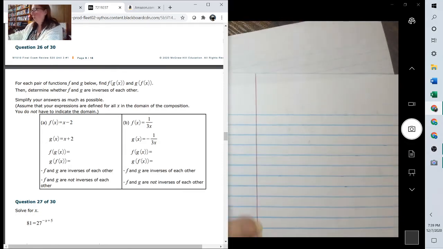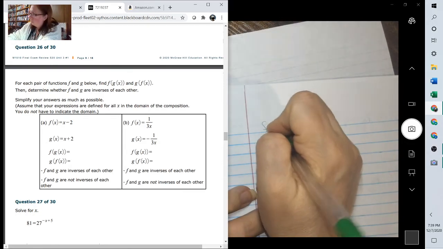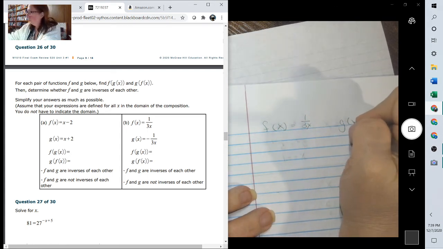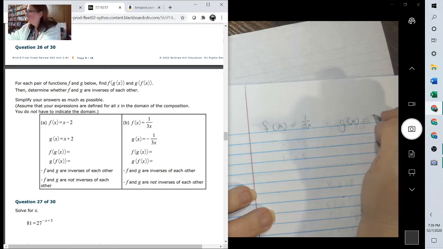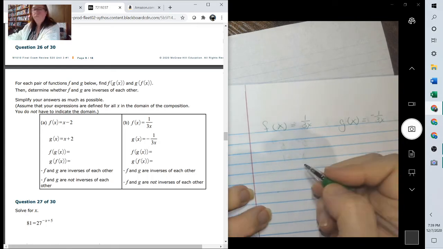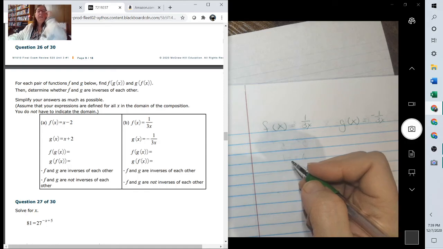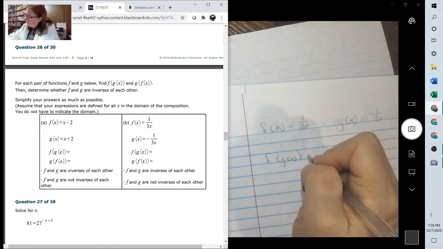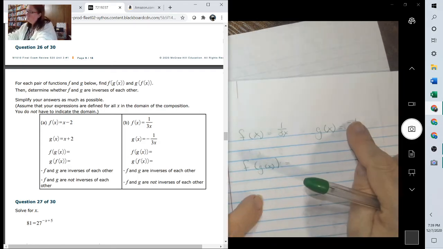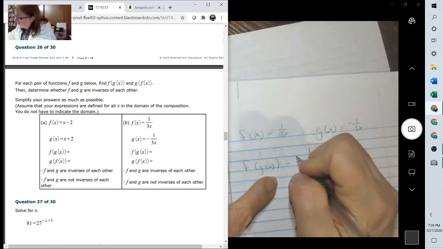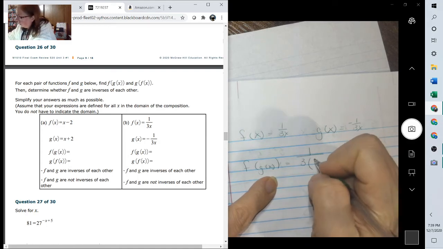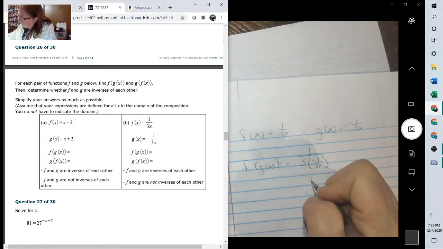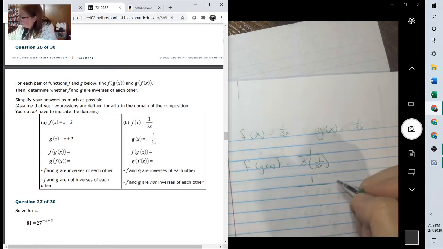The other two are these two. Finding f of g of x. So we're plugging this one in here. 1 over 3 times negative 1 over 3x. The 3's will cancel.